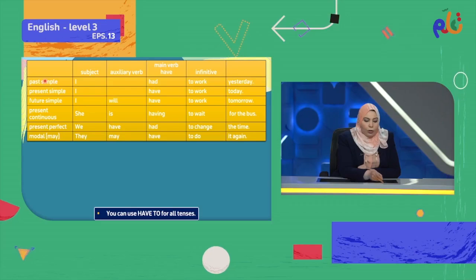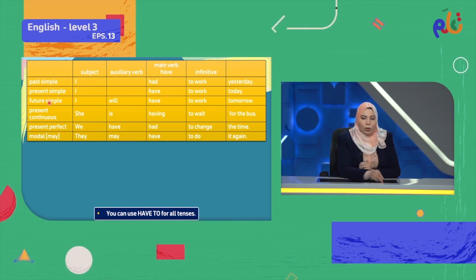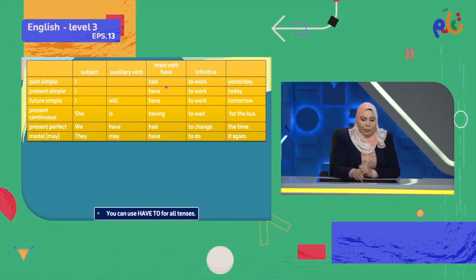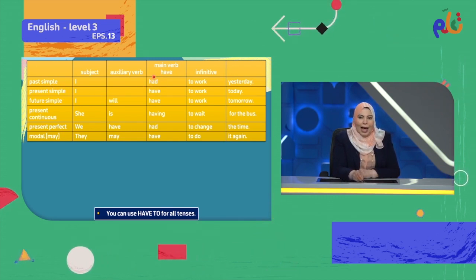Let's look at the structure of have to. Have to can come in different tenses. So we can speak about have to in the past, and in the present, future, so it can have different tenses. Unlike must, which is for the present. If we're talking about have to in the past simple, it becomes had to.